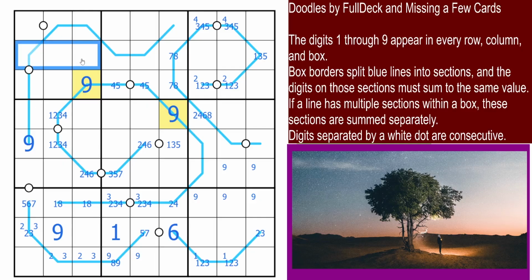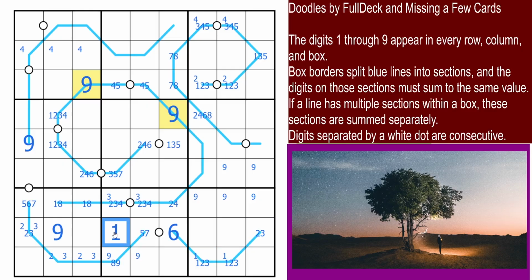4 is here, right? Just by Sudoku. Isn't it? 4 is here, 4 is here, 4 has to be here. If that's 4, that's 3, right? It cannot be 5. Now 1, 2, 3. 6, 1, 3, 1.